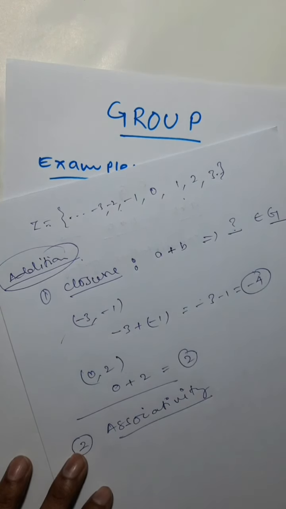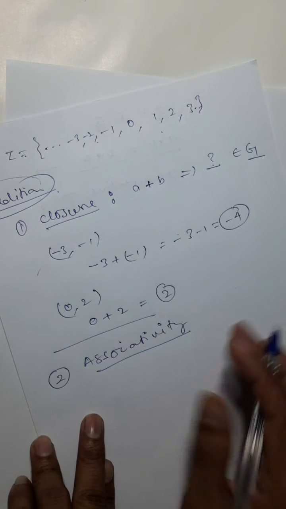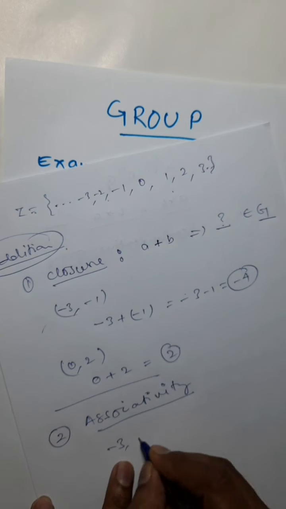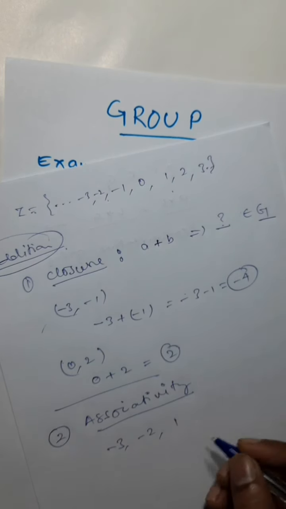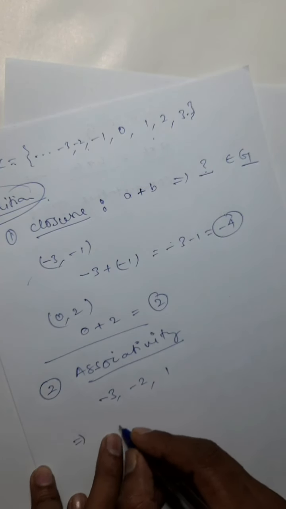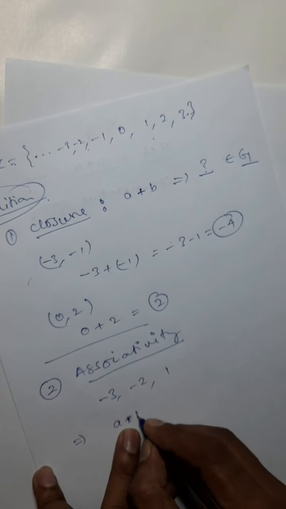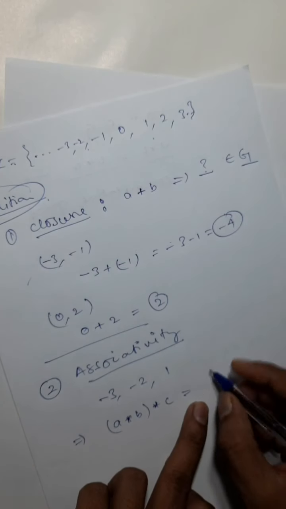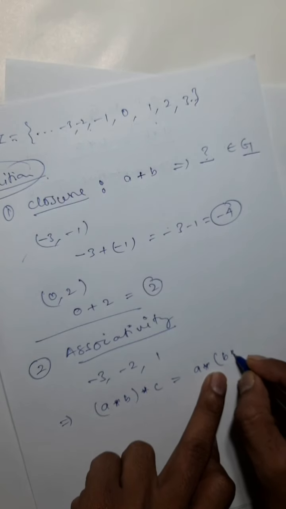Next, the second property is associativity. We have to associate here. Let me consider three elements: -3, -2, and let the other be 1. According to the definition, (a star b) star c will be equal to a star (b star c).